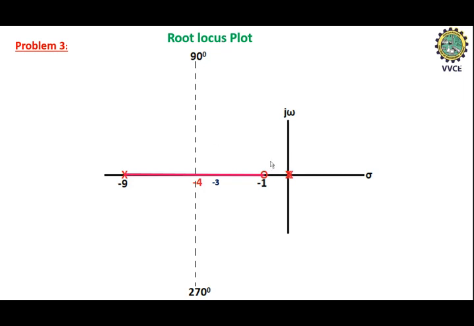You can directly come to -3 and go to the different directions. As there are two poles, the two branches will be getting from 0. So the first one is from 0 to -3 and -3 to the 270 degree direction. This is the first branch. And the second infinite branch is from 0 itself, because two poles are present at 0. So that is moving from 0 to -3 and the 90 degree direction.